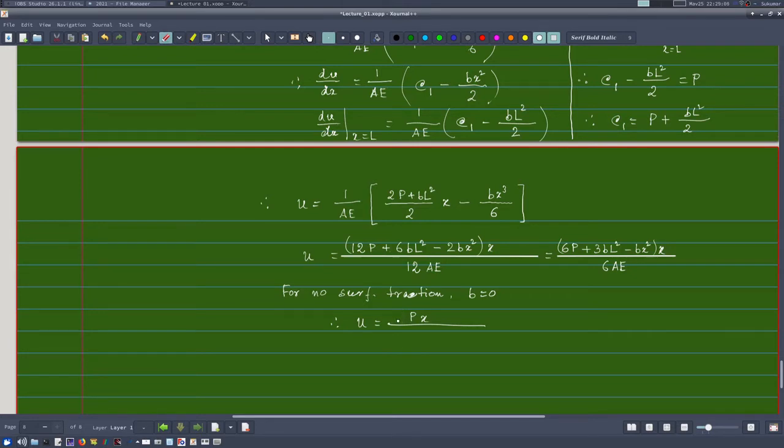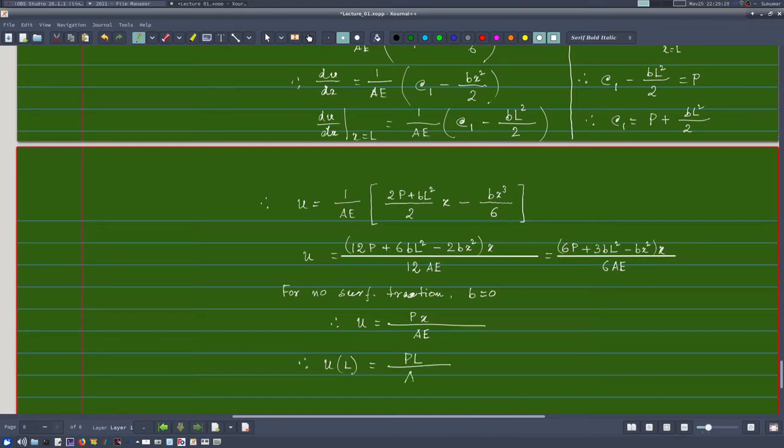So Px by AE. And therefore U at X equal to L will be PL by AE.